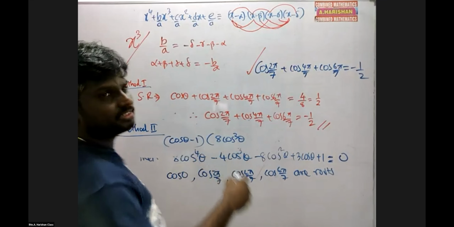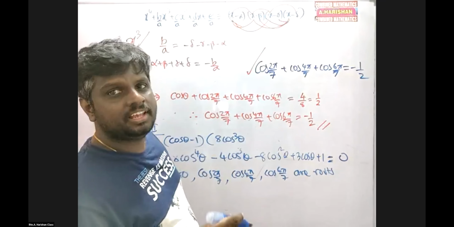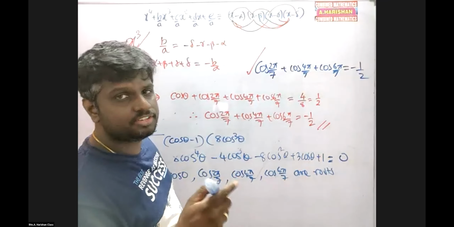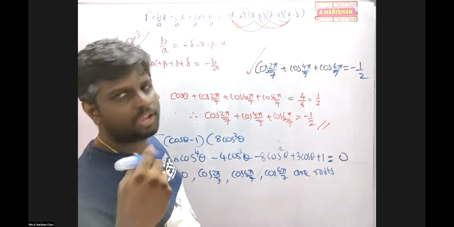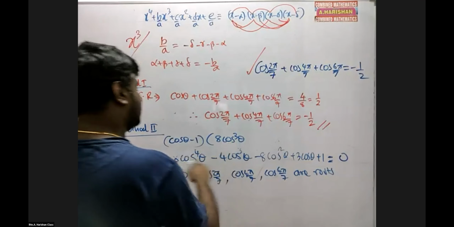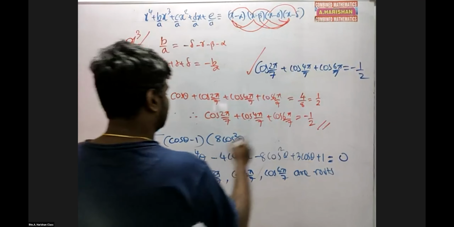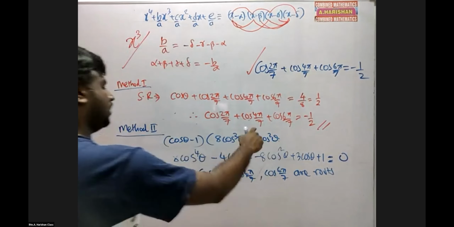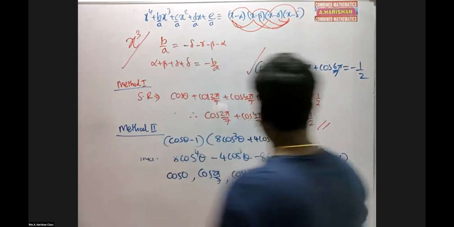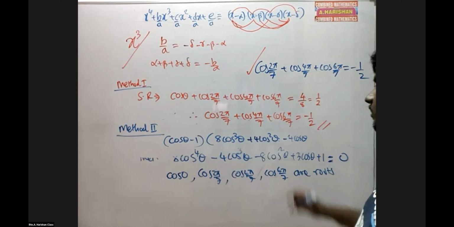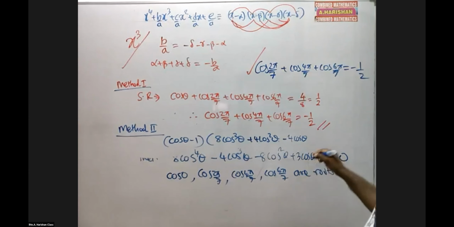So I'm just using synthetic division. Synthetic division is not in our syllabus, but anyway, if you can use it, no problem. I'm going to write like that. 8 cos cube, there is no cos cube term, 8 cos cube theta plus 4 cos squared theta minus 4 cos theta, and so 4 minus 4 equals 0.